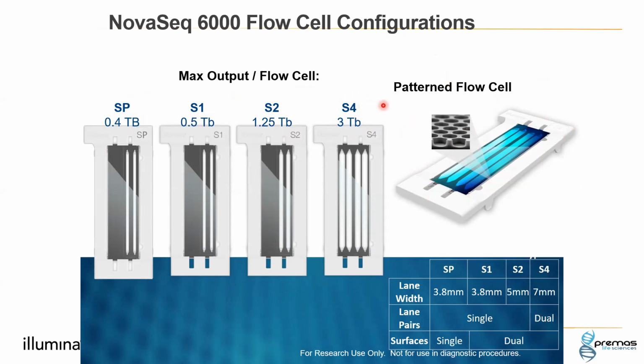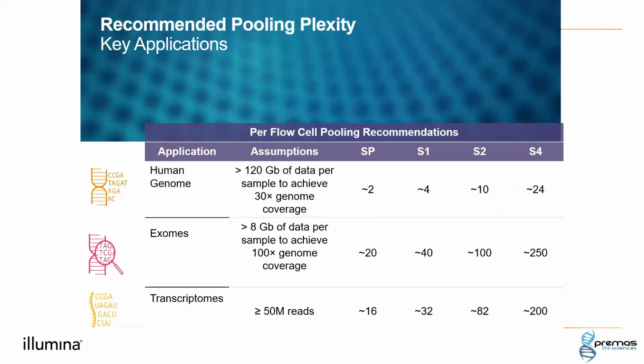So when you go for two of these S4 runs, it offers you 6 TB of data. Let's move on to understand what can be done. This will give you a glimpse of how many samples you can do. Basically, this is a high throughput sequencer. A human genome on a single S4 flow cell, you can do 24 samples.